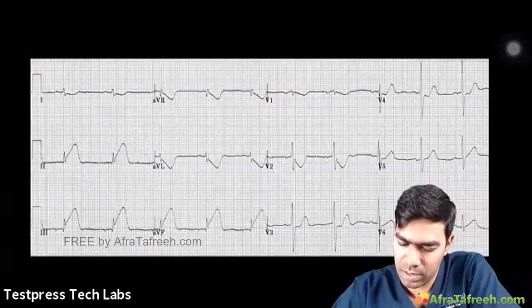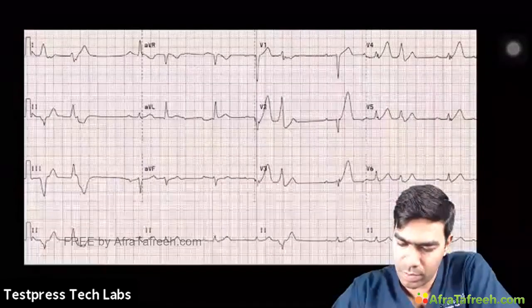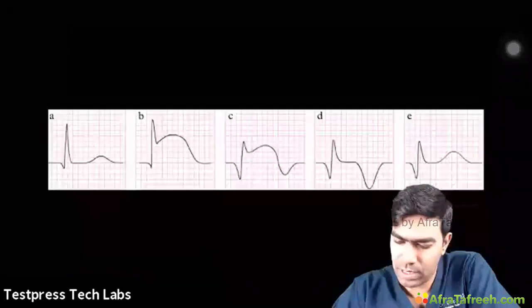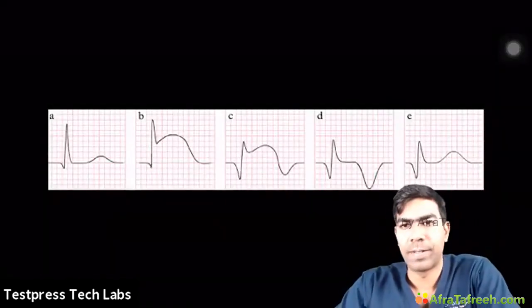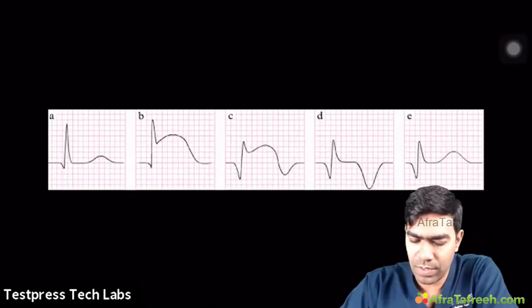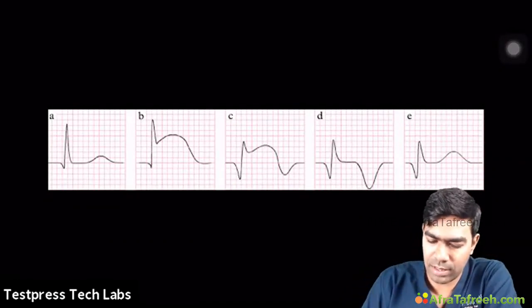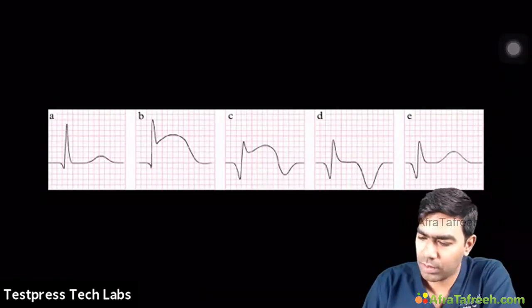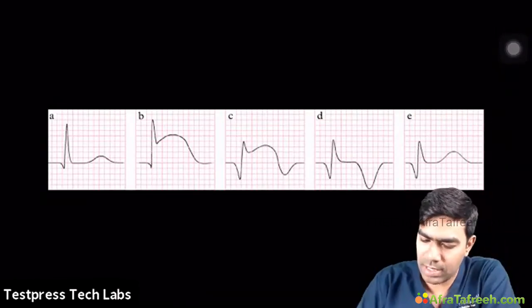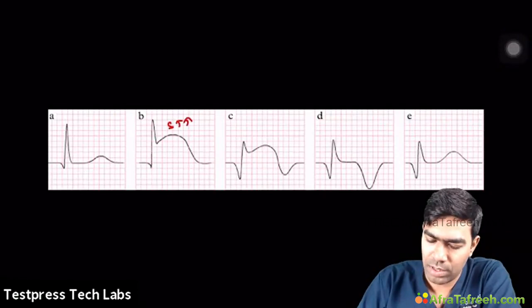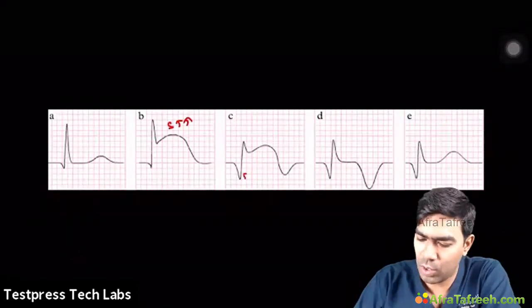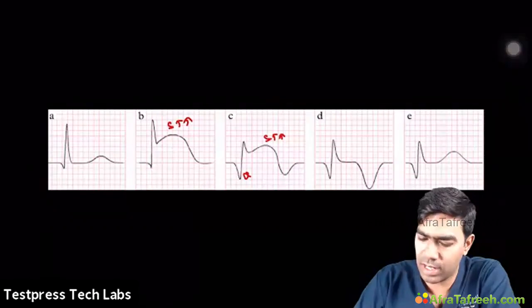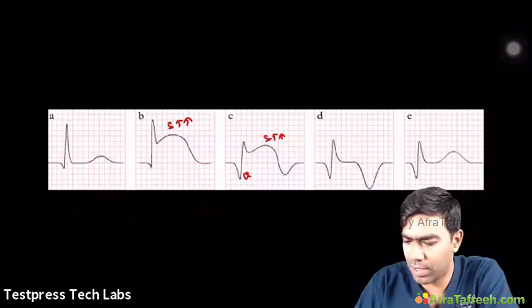Let me talk about different types of myocardial infarction now. These are the sequence of ECG changes. You can see this is the ST elevation point, and this is Q wave formation, and ST elevation is still there. Hyperacute is not given here, sorry for that.